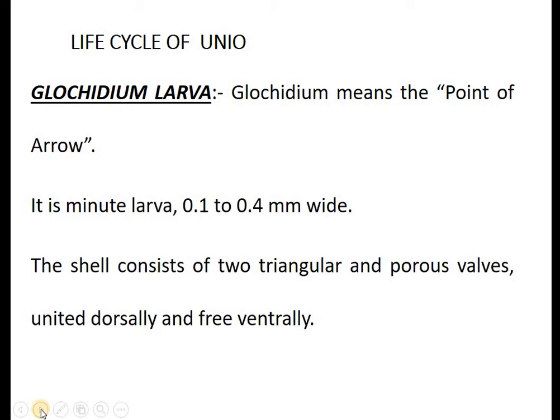Now, next, further characteristics. Glochidium means point of an arrow, so it is a pointed structure. It is a minute larva measuring about 0.1 to 0.4 mm in width. The shell consists of two triangular and porous valves united dorsally but free ventrally.